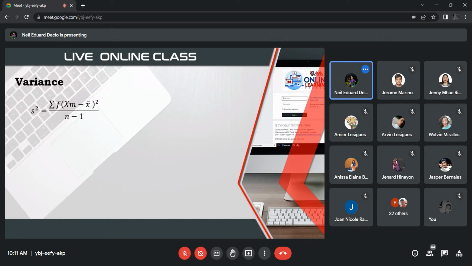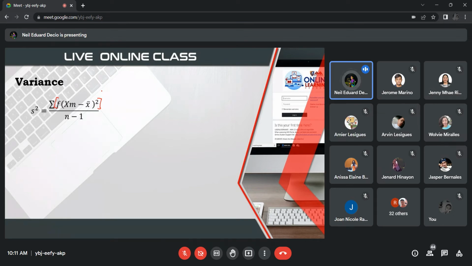So, so that we don't misinterpret this, we should have braces here to indicate that the product of f times the square of XM minus X bar, we take the summation of all of them.